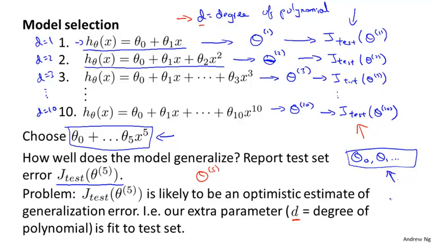And in the procedure I just described on this slide, we just did the same thing. Specifically, we fit this parameter d to the test set, and by having fit the parameter to the test set, the performance of the hypothesis on that test set may not be a fair estimate of how well the hypothesis is likely to do on examples we haven't seen before.